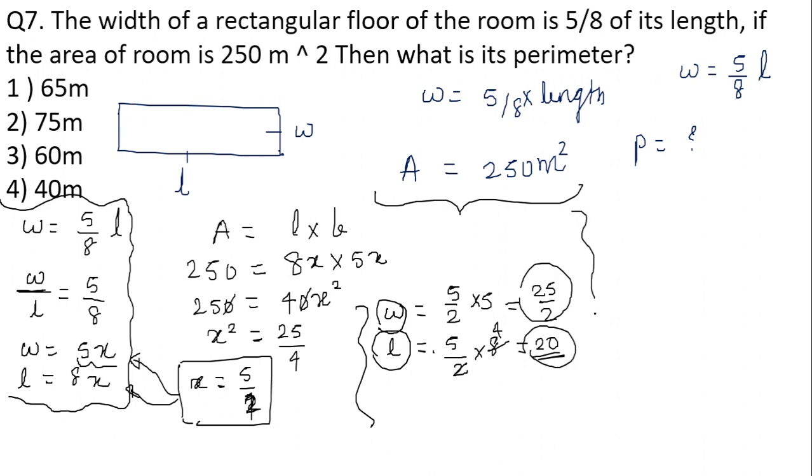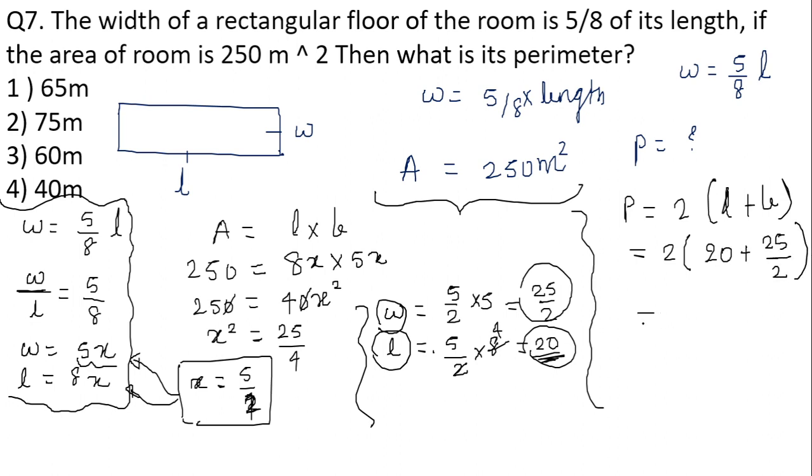So now we can find out the perimeter. As we know, the formula for the perimeter is twice of L plus B. So twice of, what is the value of length? The value of length is 20. What is the value of width or breadth? That is 25 divided by 2. Taking the LCM on both sides, here there is nothing, but it means there is 1.